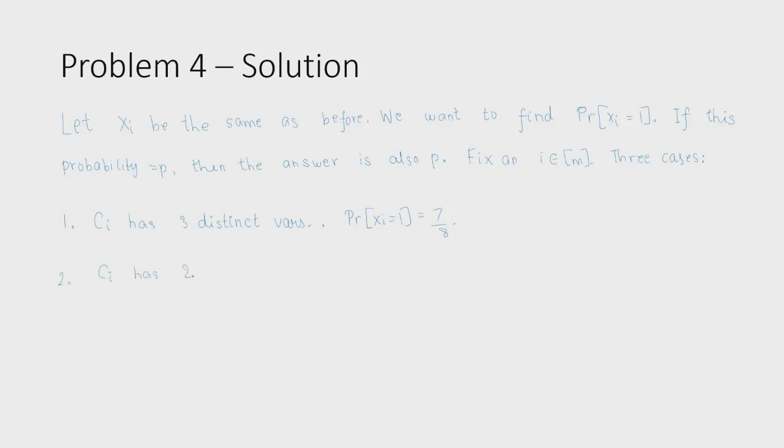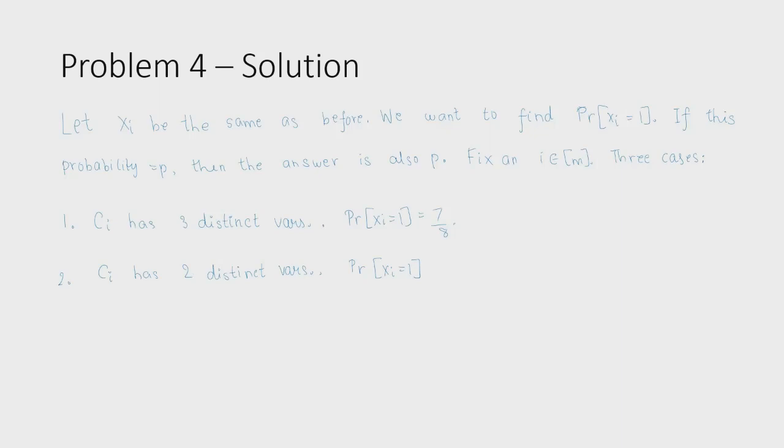The second case is this: Ci has two distinct variables. In this case, what would this probability be? At least 3 over 4. Why? Because the clause can look something like x1 or x1 complement or x2.